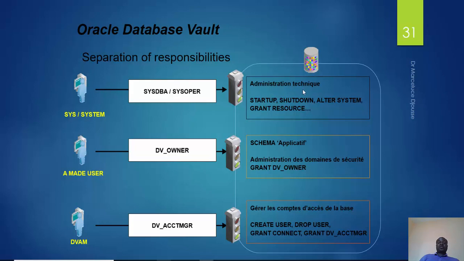For example, the technical administration of the SYSDBA, system database administrator, and SYSOPER, system operator, will be able to use these commands: startup, shutdown, alter system, and grant resources. The main user will have the rights on those schemas and the applicative administrator the domain security.